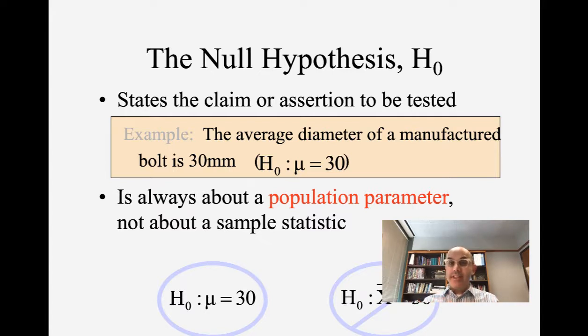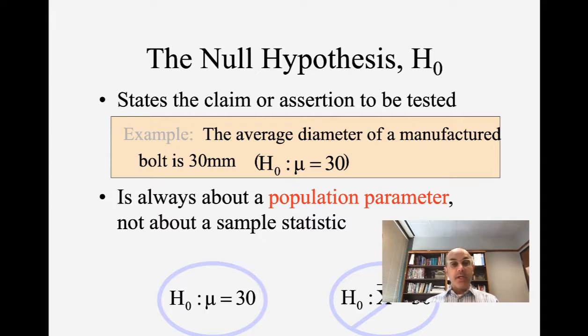In the hypothesis, we usually have two types of statement. One is a null statement, and one is an alternative statement. The null statement, or the null hypothesis H0, is a claim or assertion to be tested. This is what we test.